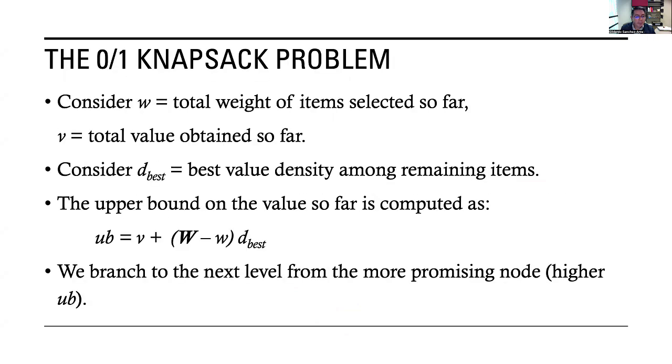So this is the upper bound definition. And then by using these values, we are going to branch to the next level of the more promising node. That is the node that has the higher upper bound.